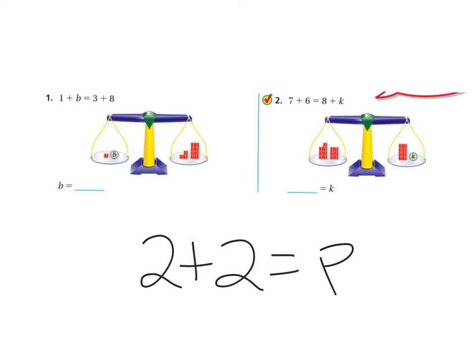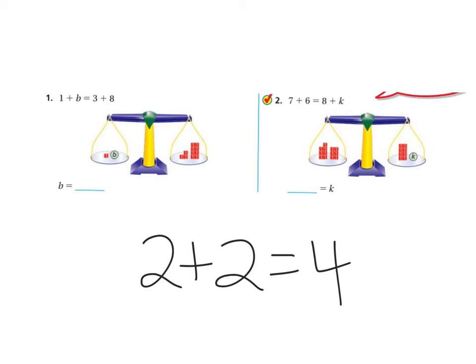In the one I wrote, 2 plus 2, the unknown is the letter P. Obviously the unknown is 4. If I erase it and put a 4, then I know this is now a balanced, true equation, because I have 2 plus 2 on one side, which is 4, and the number 4 on the other side.